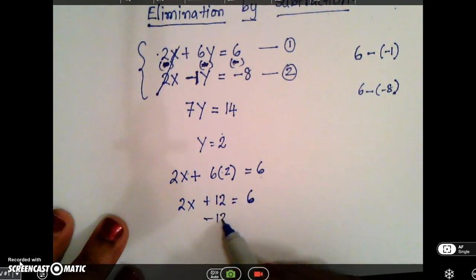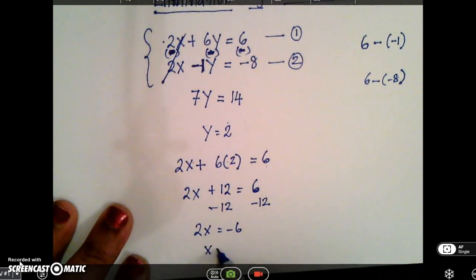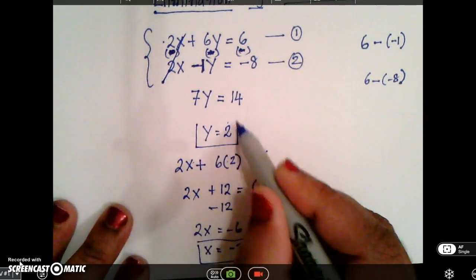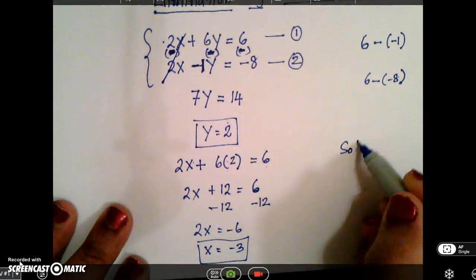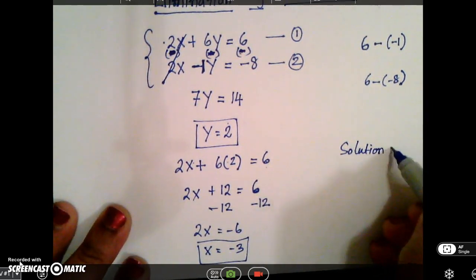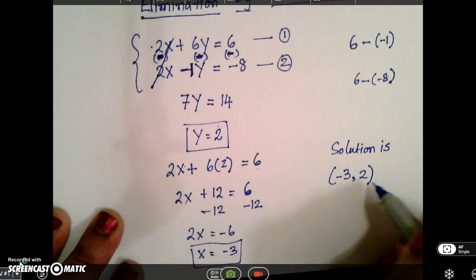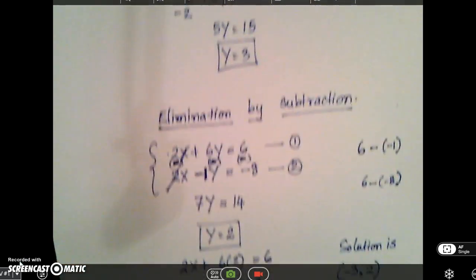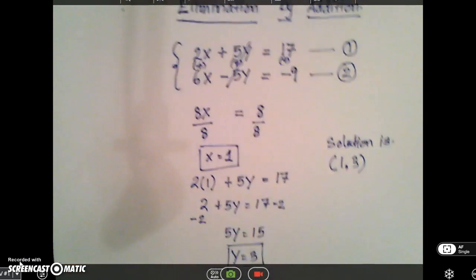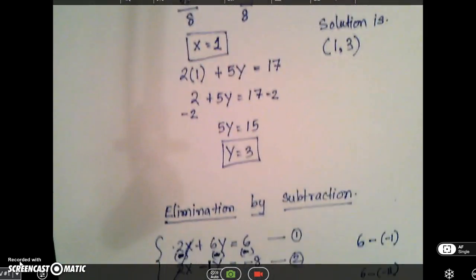I can solve this. So I have 2x equal to negative 6, or x equal to negative 3. So my solution is negative 3, comma 2. So we did elimination by addition and elimination by subtraction.